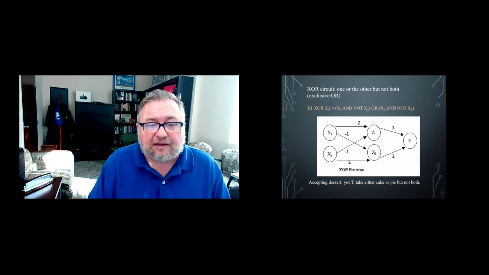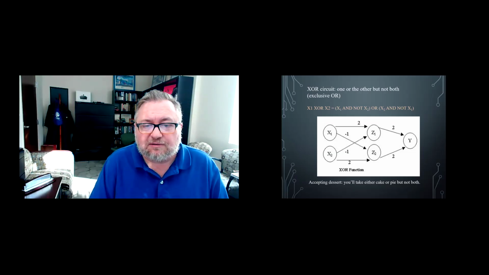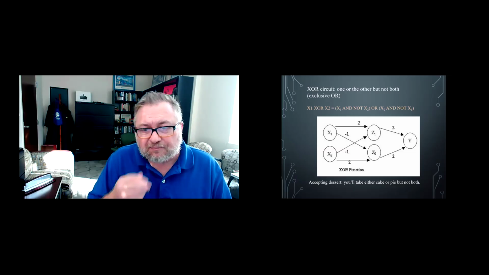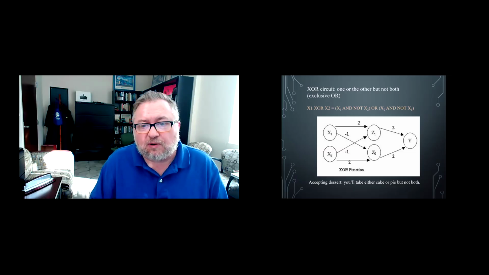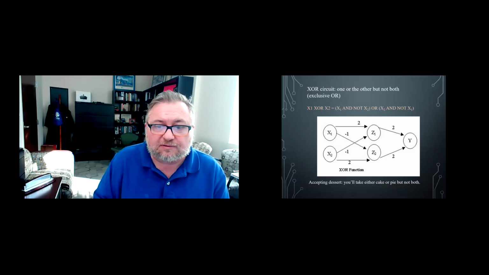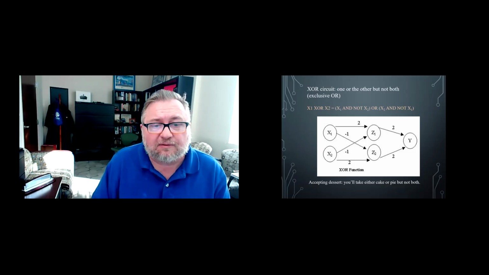So now that X1 and X2 are both true, Z1 and Z2 are now false, right? They are not active, and neither one of them is active. And so in this case, Y will only receive a true statement if Z1 or Z2 is true. Ultimately, that's how it maps back, right?